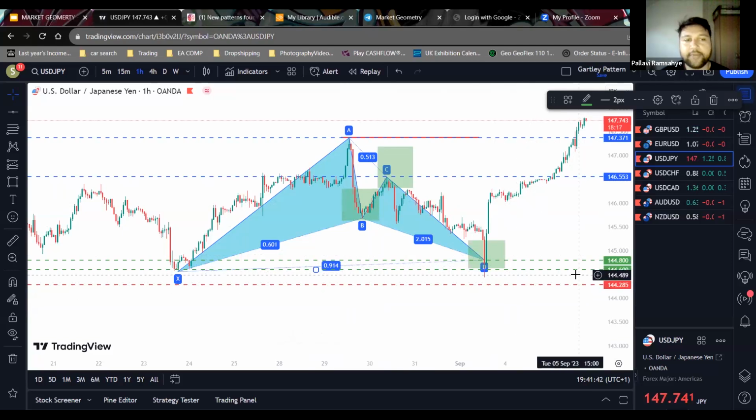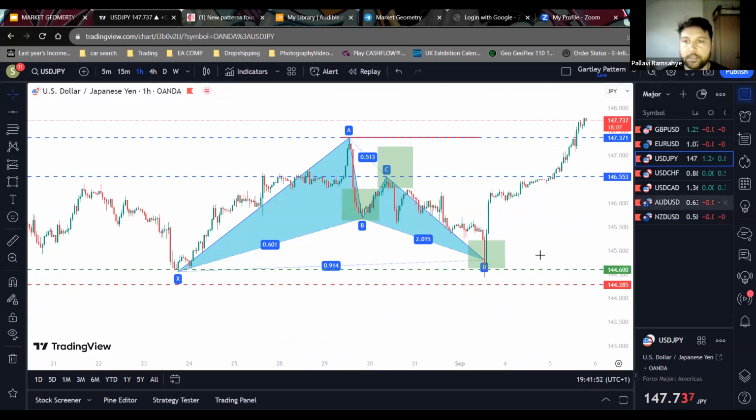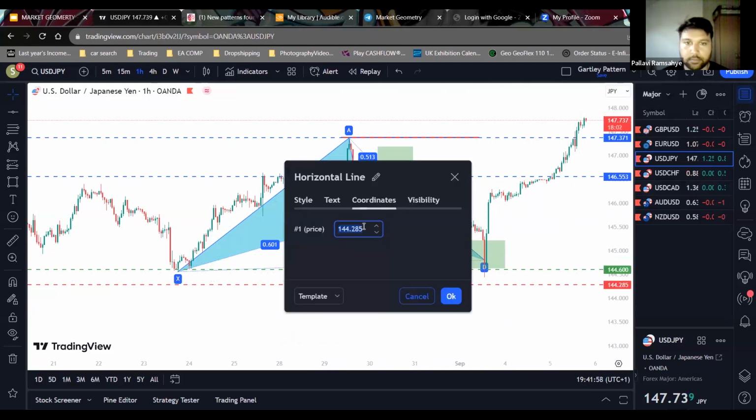That way, let's say, for example, if you were to enter at 144,600, and we had a 30 pip stop loss. So let's try this.